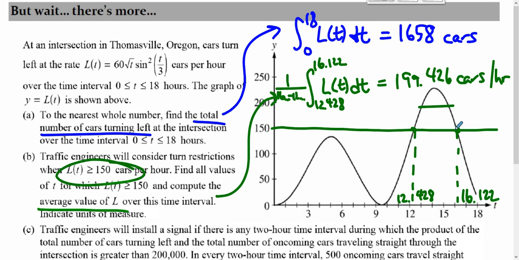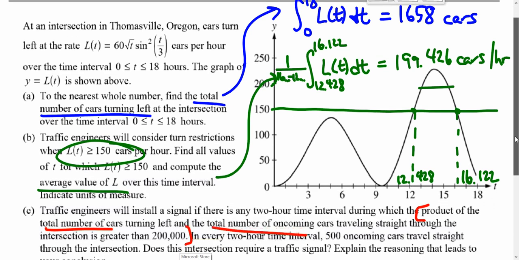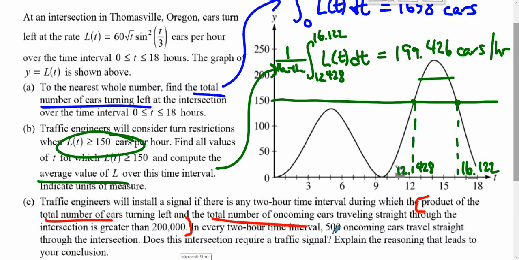And then in the C part, we're interested in installing a signal if the product of the total number of cars turning left and the total number of cars going straight is greater than 200,000. And we know that this many cars travel straight.